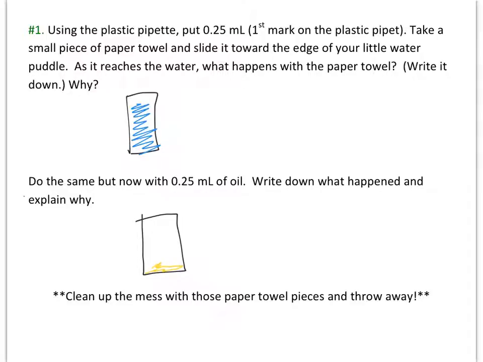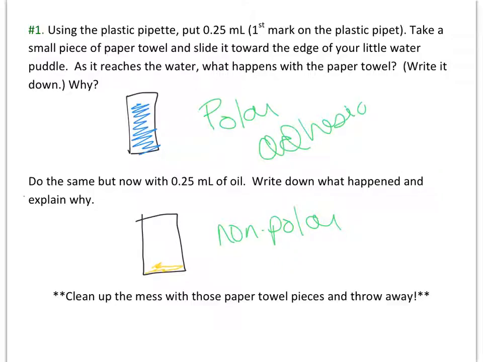So this happens, of course, because water is polar, oil is nonpolar, and since water is polar, it can undergo cohesion and also adhesion. So the molecules of water are adhering to the polar molecules of the paper towel. Next.